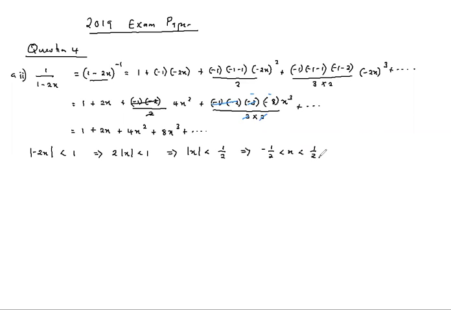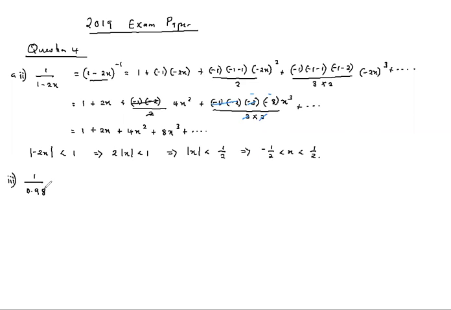Then we go to the third part. Using part 2, find the approximate value of 1 over 0.98, giving your answer correct to 5 decimal places.